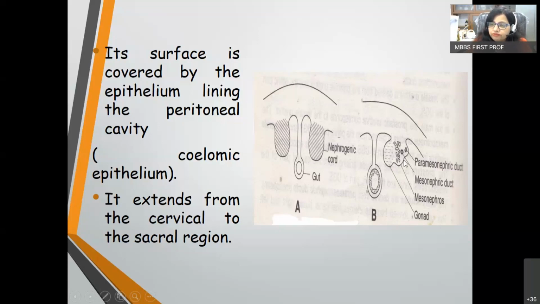Then there is mesonephros. The mesonephric tubules are there. Mesonephric duct, that is forming the duct system, collecting tubules and all. And the paramesonephric duct, that is predominantly responsible for the formation of the reproductive organs in females. Okay, and this extends from the cervical to the sacral region.